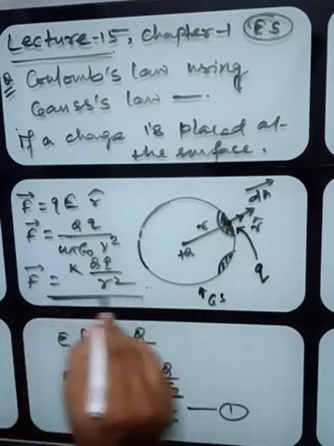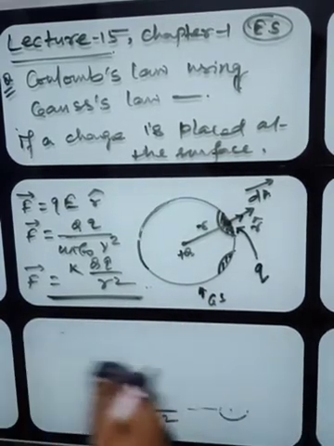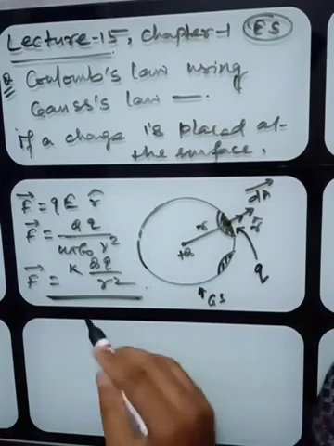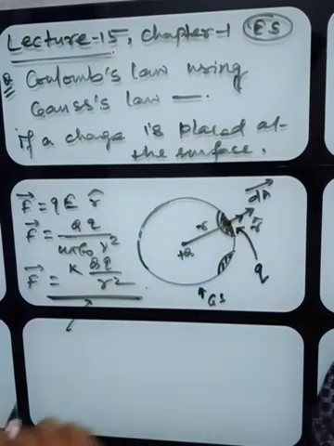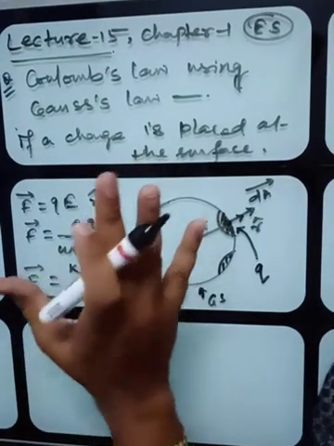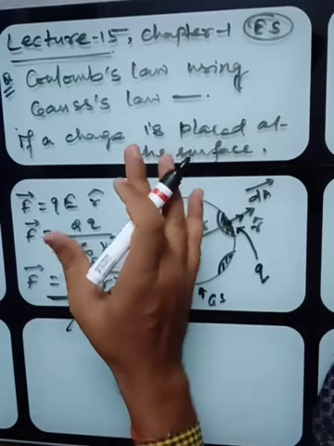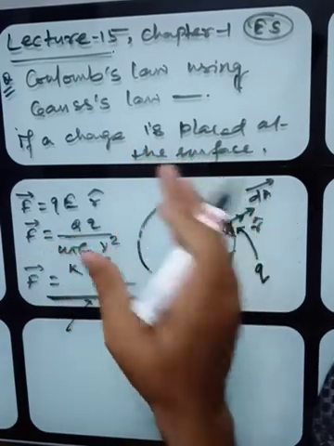So this is Coulomb's law. We have proved Coulomb's law here using Gauss law. This is an important question. You might be asked to prove Coulomb's law using Gauss law, student.